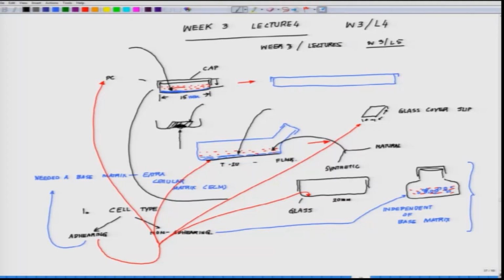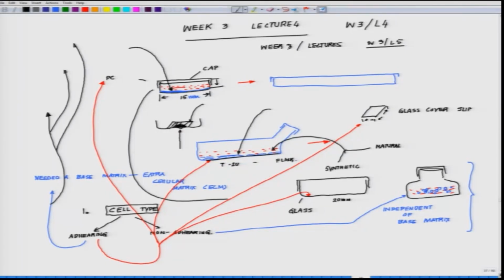And having said this about the cell type, in a very subtle manner, I told you within the adhering cell type, what cell type are we talking about? Is it a cardiac cell?